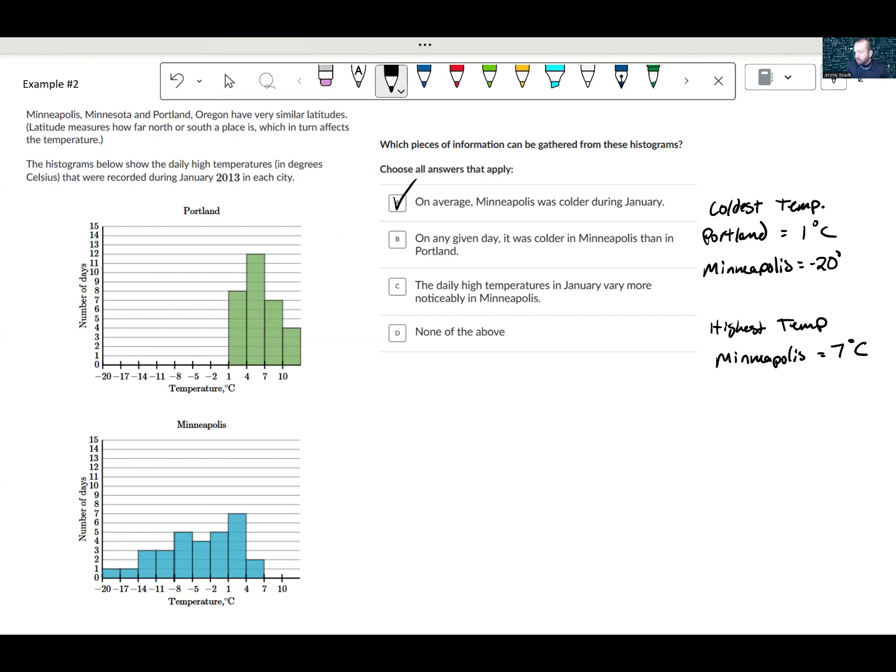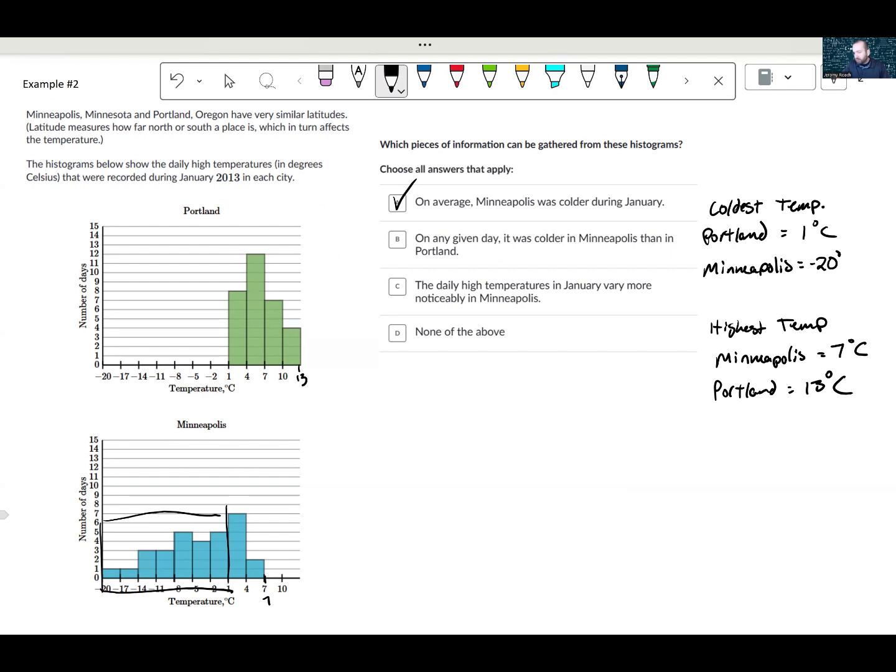is 7 degrees. And the highest in Portland looks like 13, possibly 13. So remember, we do have a histogram, so we don't know that it's 13 and 7. I'm just generalizing here. So it says on a given day it was colder in Minneapolis. That means that every single day it would be colder in Minneapolis. So from here to here, it looks like we have colder temperatures.